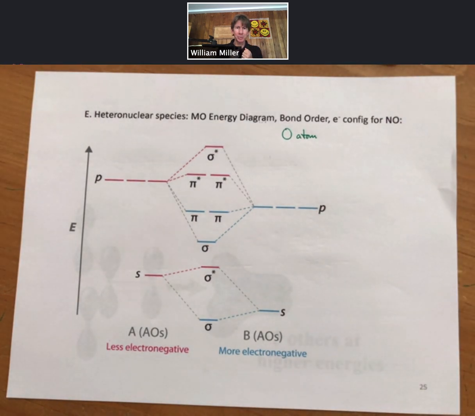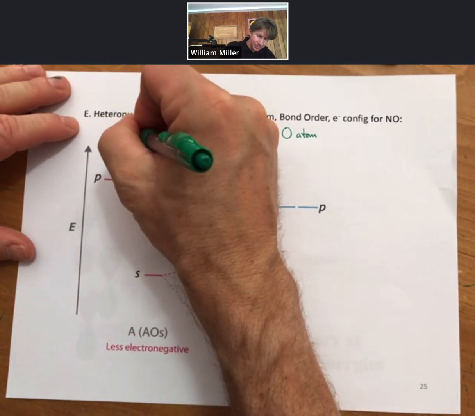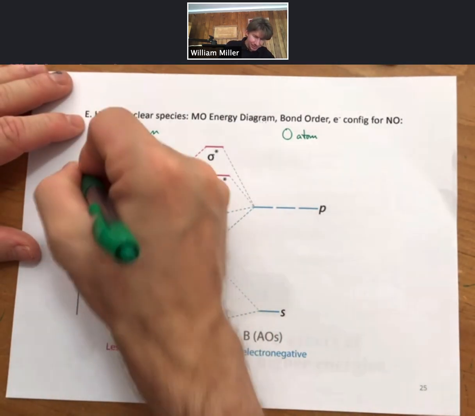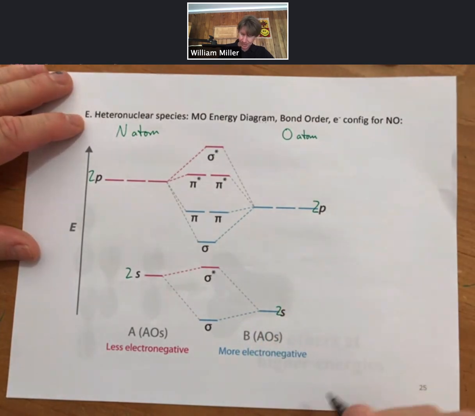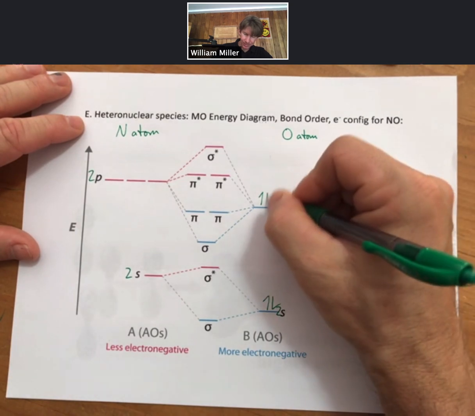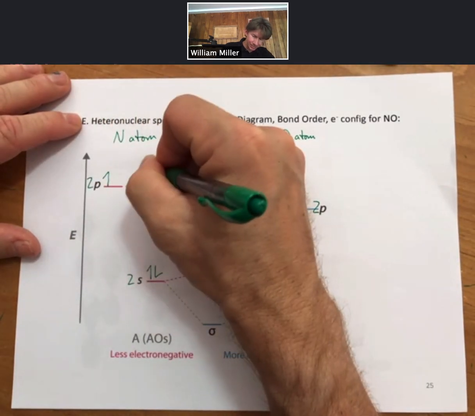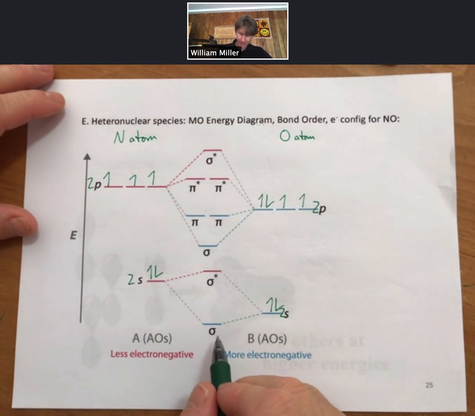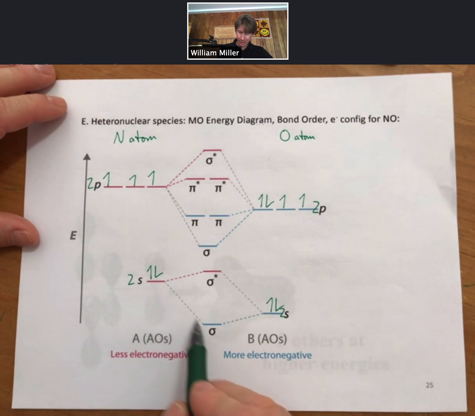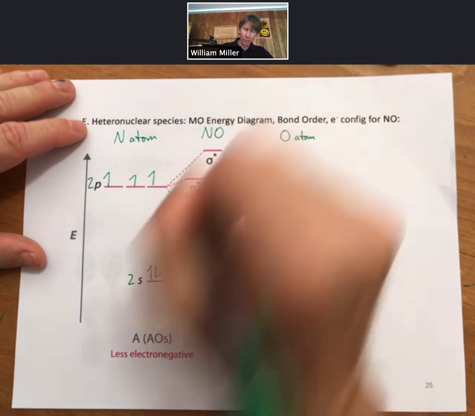It's going to have its electrons pulled closer to the nucleus, and those will be lower energy electrons. We also have our nitrogen atom, and these are going to be 2s and 2p. So for oxygen, 2s2, 2p4. For nitrogen, 2s2, 2p3. And we've lost some of our designators here, but we still can see that they're connected and which orbitals go with which. Now this is going to be the NO molecule in the middle.